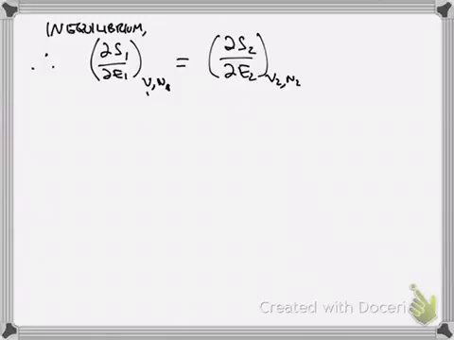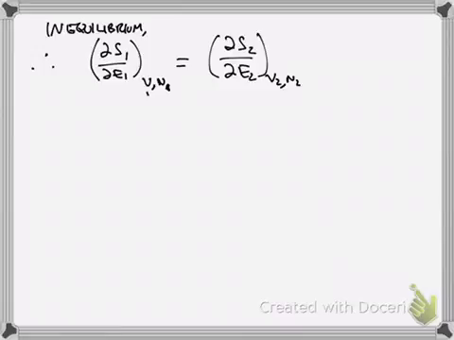All right. And of course, you could generalize this to a third system, and you would find that if all of these things are in equilibrium, all of their partials of S with respect to E should be equal to each other. Boy, that sounds a lot like temperature, but it's not exactly temperature.